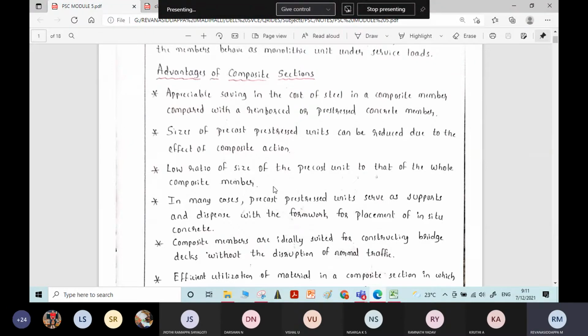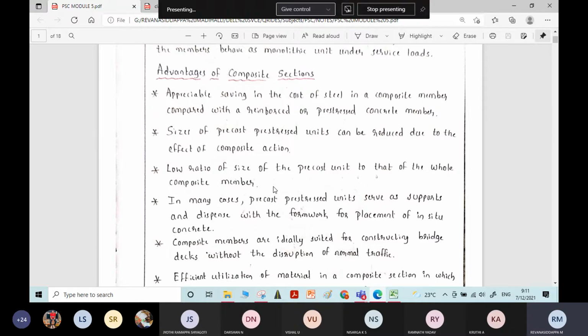Instead of going for a higher grade of concrete for the full section, for the full slab and the beam, for the slab normal concrete will be placed, and for the beam high grade concrete will be placed. That normal concrete will take care of the compressive stresses, no problem. No need to go for high grade concrete at the slab level.